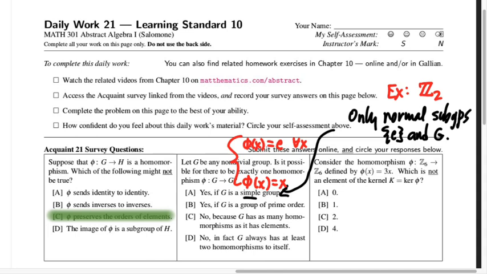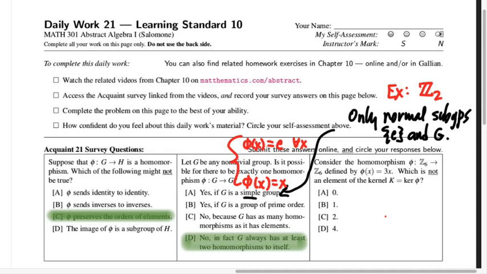Those two homomorphisms exist for every single group. And as long as G is not a trivial group, they're different from one another. But that means, is it possible for there to be exactly one homomorphism from a group to itself? So how do you want to answer this question? Yeah. Every group has at least two homomorphisms to itself.